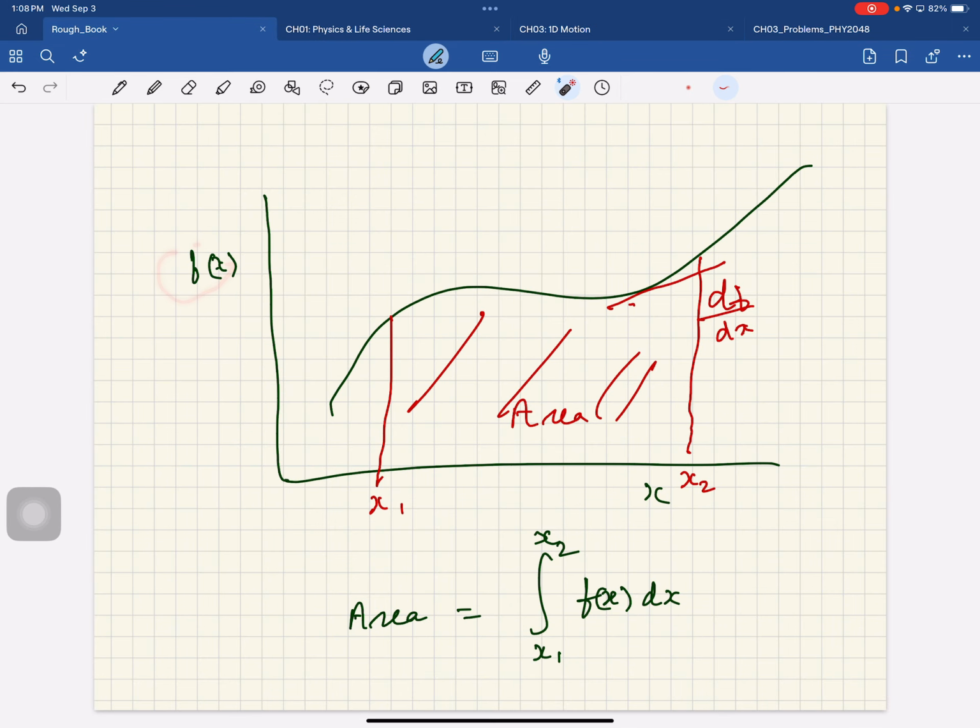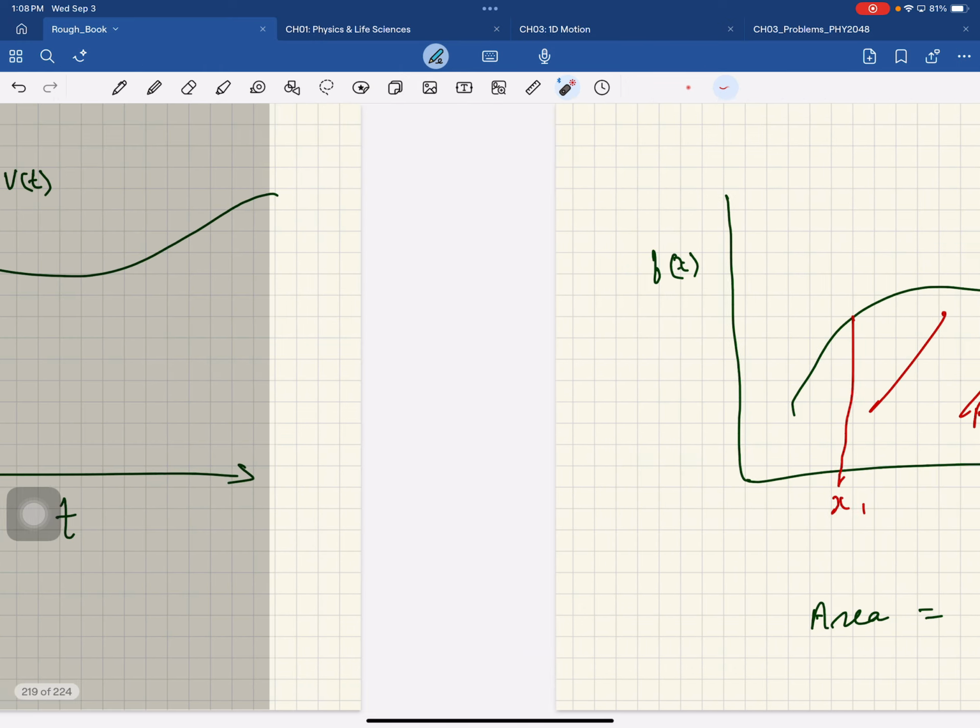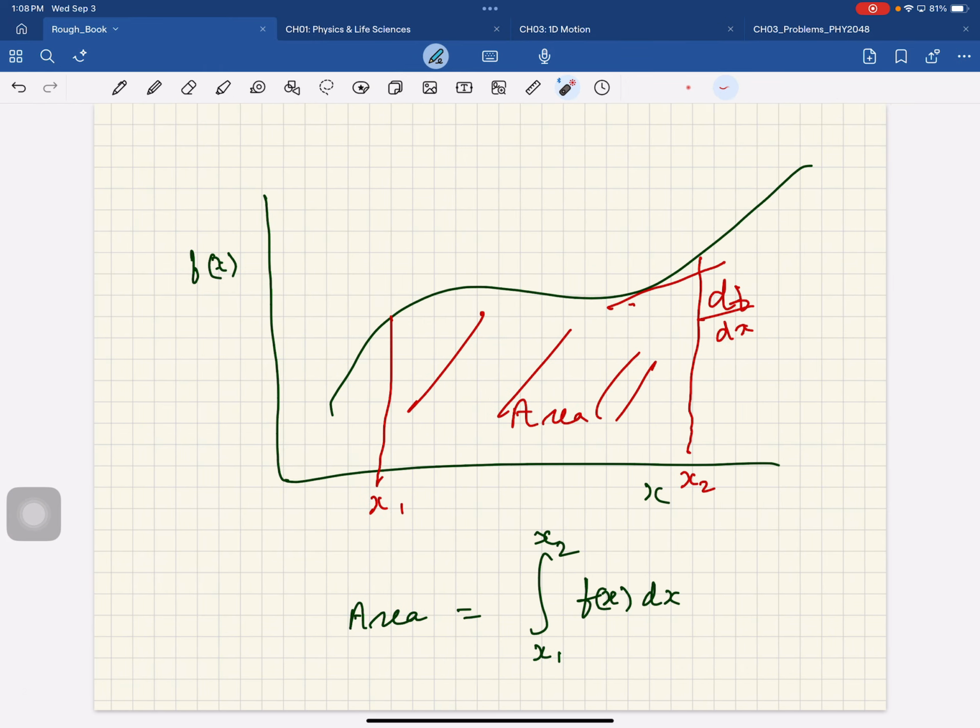When you learn about functions, you are interested in two things about the function: the rate of change of the function and the area under the curve. And we use that in kinematics, in physics, quite a bit.